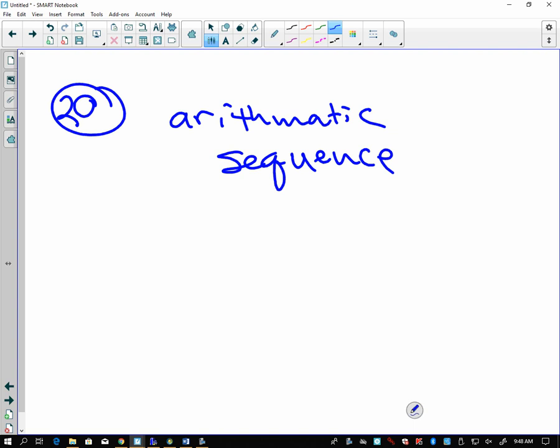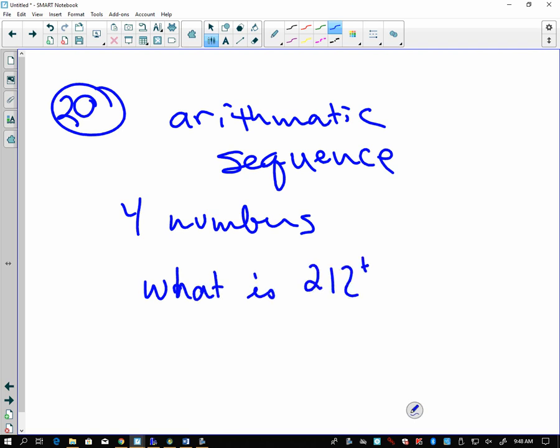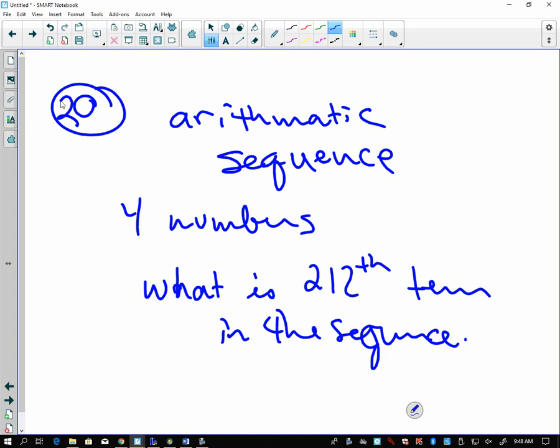They're going to give you 4 numbers. They're going to ask you, what is the 212th term in the sequence? Okay, can you guys look that up? There should be an equation for it. Okay, and that's it. We're done.